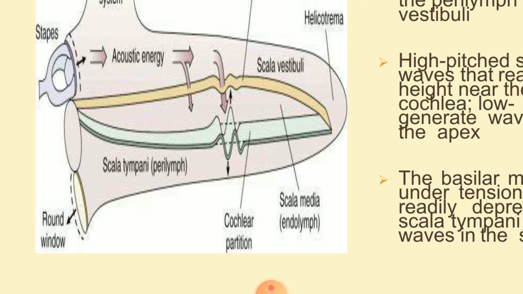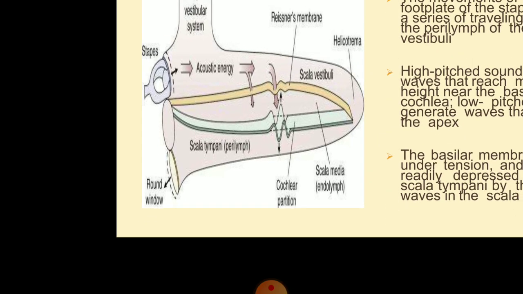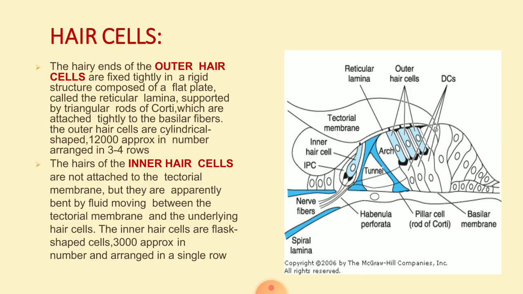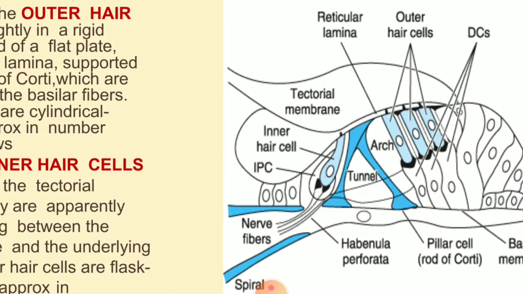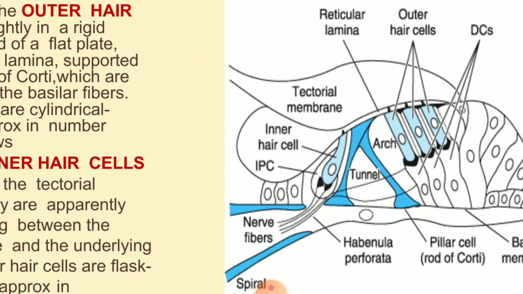Now what actually happens when the basilar membrane moves up and down, let us see. I have already mentioned that whenever the basilar membrane moves up and down, the organ of Corti containing the hair cells also moves upward and downwards. Now as the stereocilia of the outer hair cells are directly embedded in the tectorial membrane, with upward movement of the basilar membrane, the stereocilia of the outer hair cells get deviated to the side which is away from the limbus.